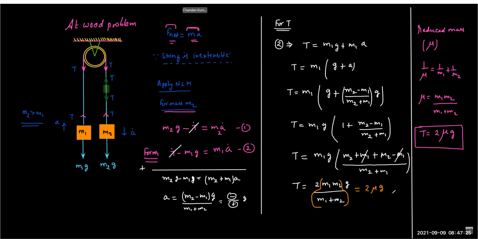Okay, so now if the tension is 2 mu g, and mu is the product upon summation, we can go on and solve the question for the force applied by the ceiling. The ceiling of the pulley must be applying 2T. Why? Because the pulley is experiencing T down and T down. And therefore, this force we can write as 4 mu g.